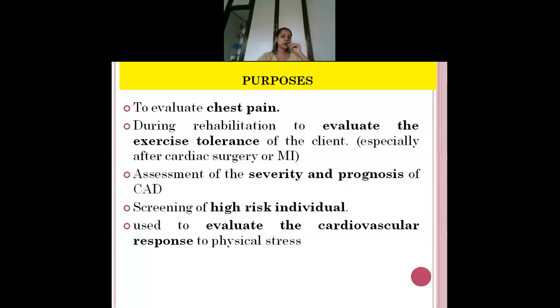Next, the doctor may advise a treadmill test for patients who are at high risk, where you expect they may have cardiac problems like MI or CAD. In that case, probably we will go for this stress test. And next, as I told, it is done to evaluate the ability of the heart to respond to the stress.